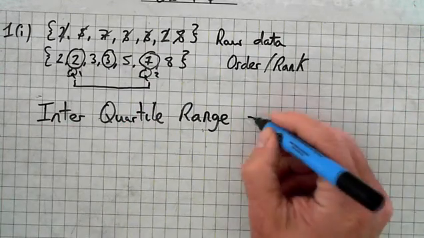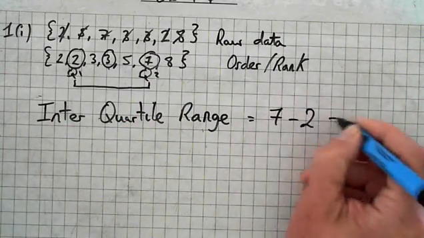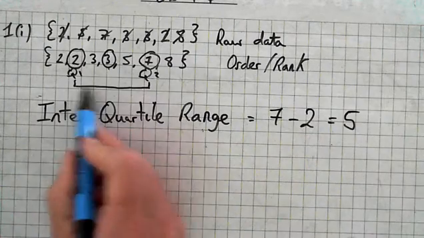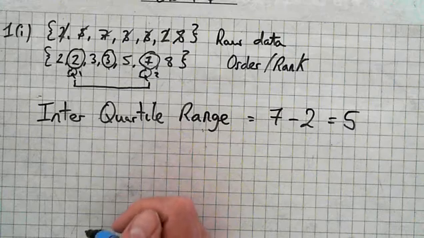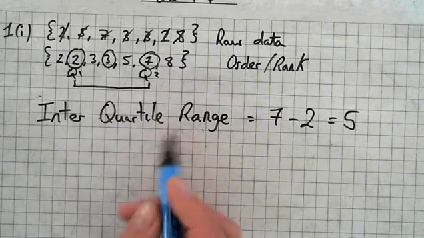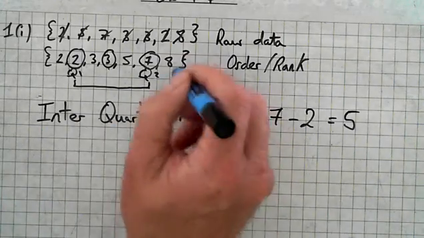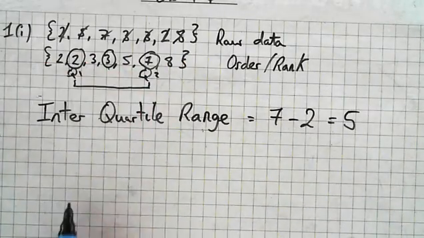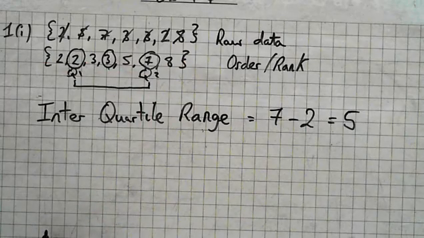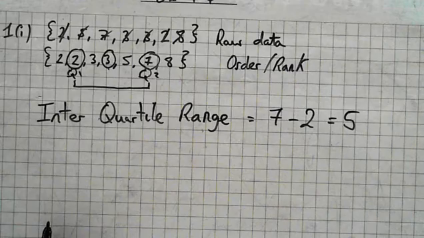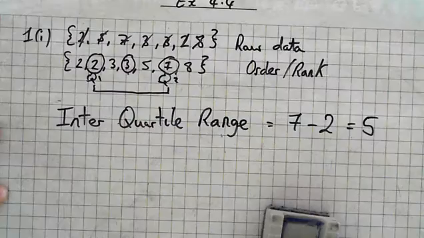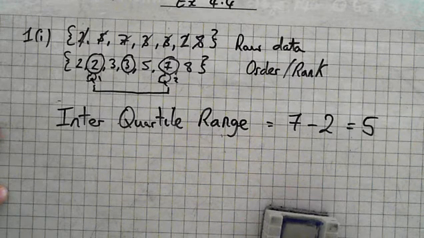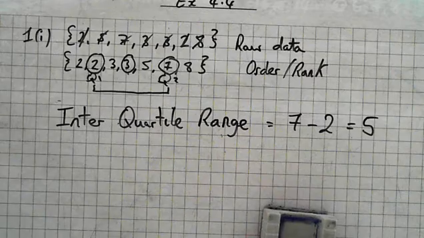What's the difference? 6 minus 2, the distance there is 4. And what was the range? The range was the distance between the highest and the lowest. That's the interquartile range. So that's all you had to do for homework, question 1, part 1, and we'll do another question, part 2.